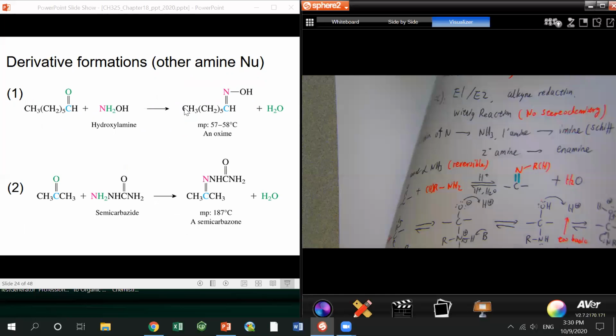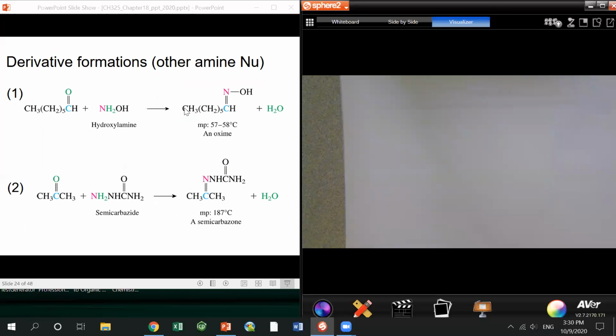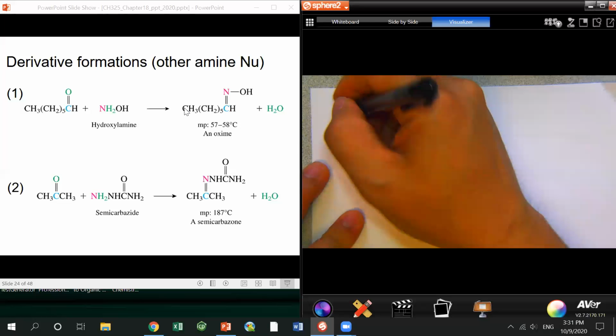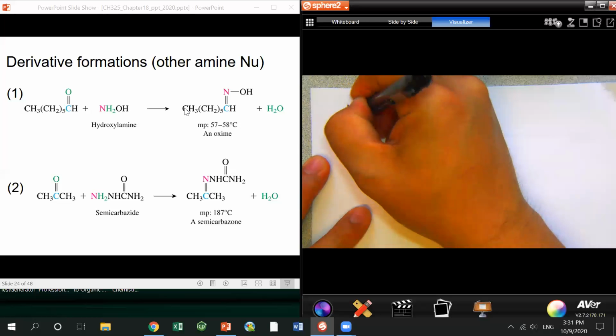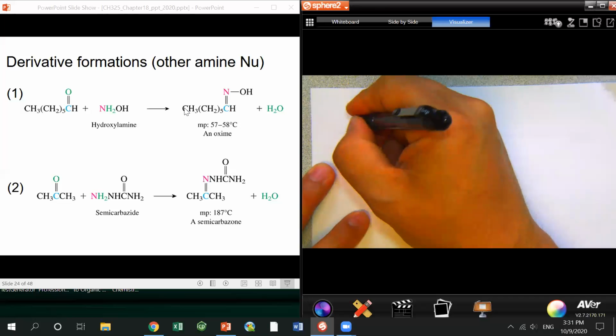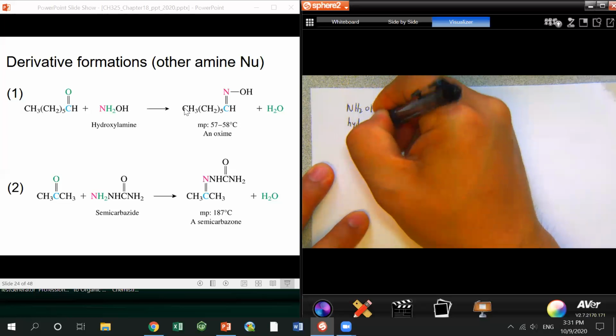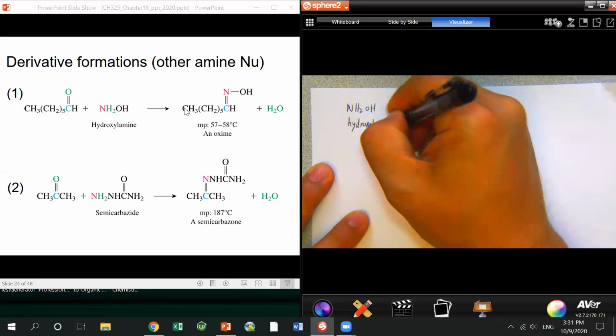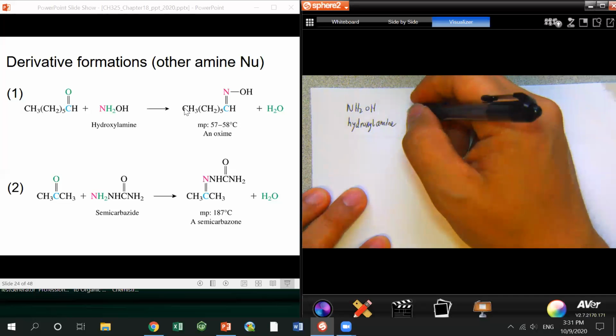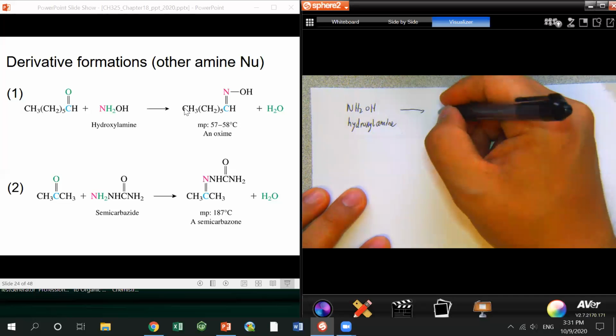So here is derivative formation, with other amine nucleophiles. The first amine nucleophile we learn here is called hydroxylamine, NH2OH. If you react it with an aldehyde or ketone, it generates something like this.